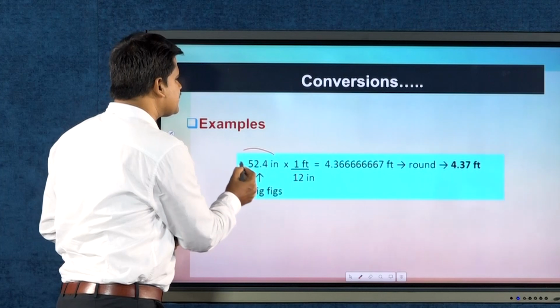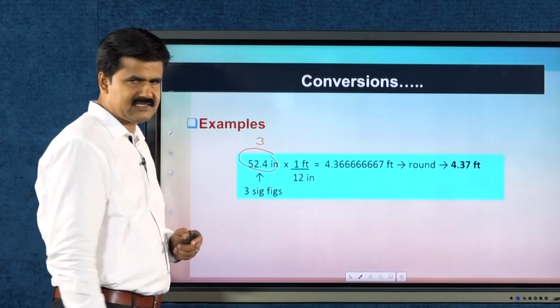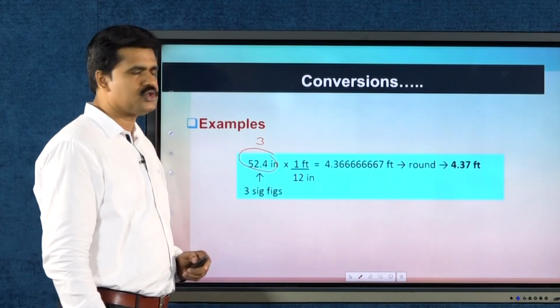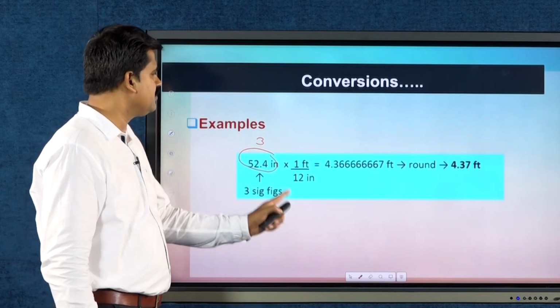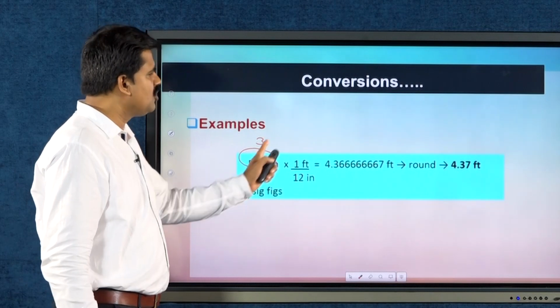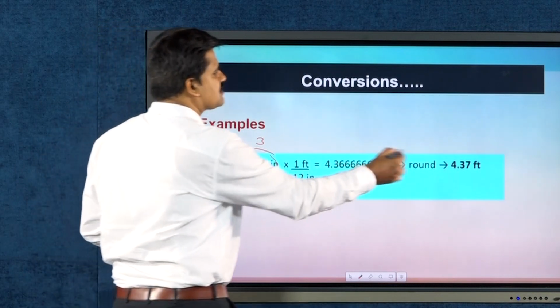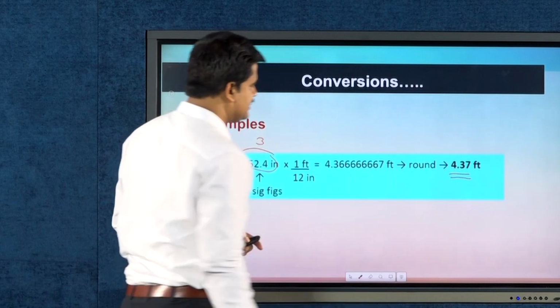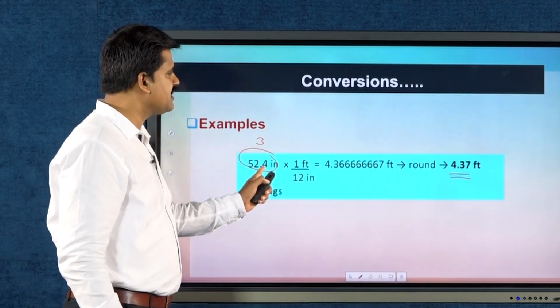Here you can see the presence of 3 significant figures. I have to divide it by 12. Here there are 2 significant figures and 1 decimal point. So as a result, the final result should be rounded off to 4.37. Here there are 3 significant figures.